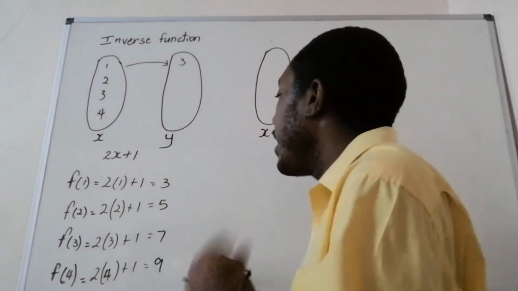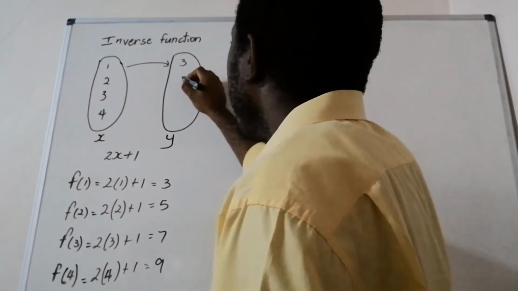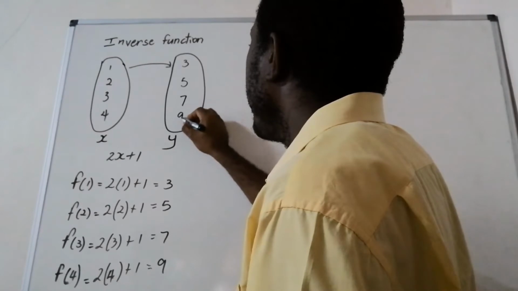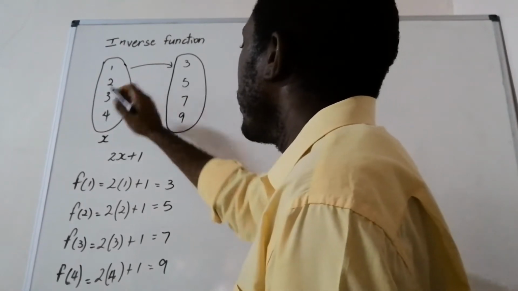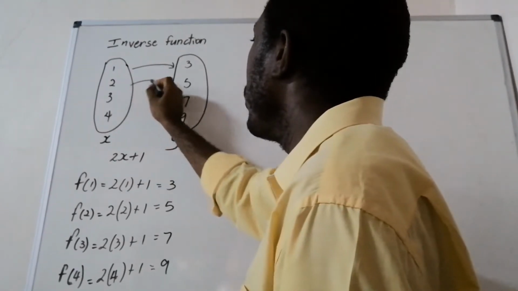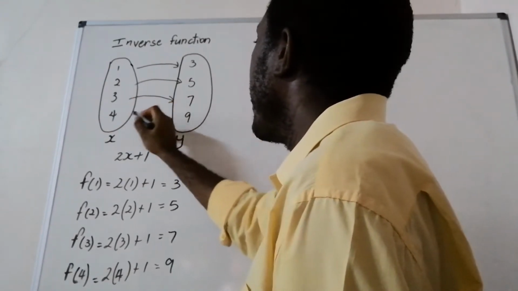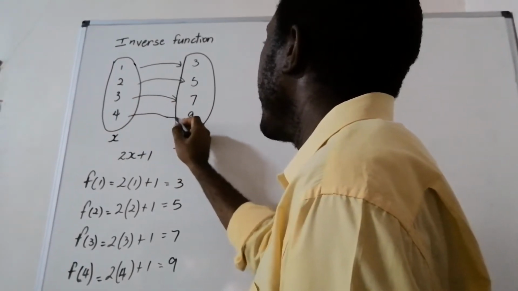So our image values are 3, 5, 7, and 9. So this rule maps 2 to 5, it maps 3 to 7, and it maps 4 to 9.